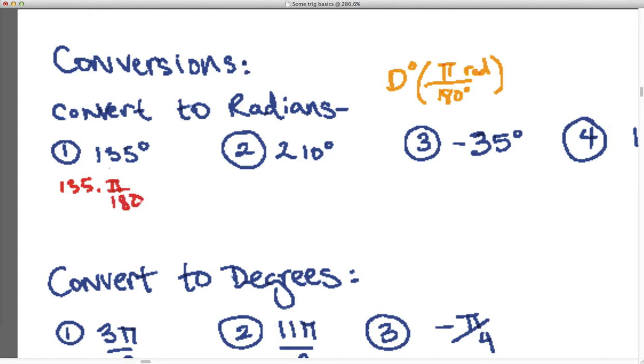And if you take 135 and divide it by 5, you get 27. And then when you divide 180 by 5, you get 36.